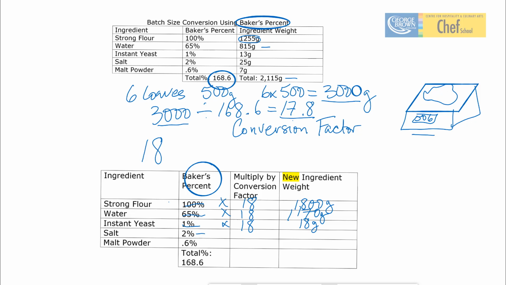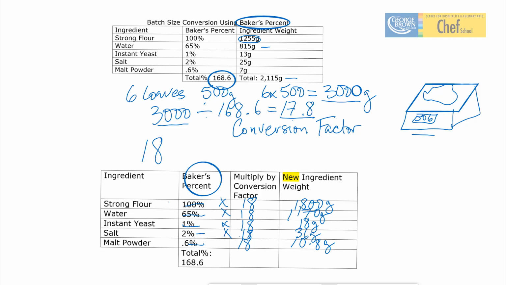The salt, 2 times 18, and we end up with 36 grams of salt. Our malt powder is only 0.6 times the 18, and that's going to give us 10.8 grams of malt powder.